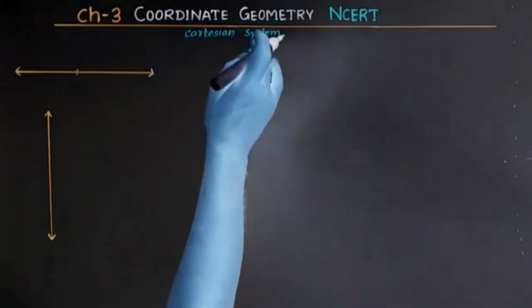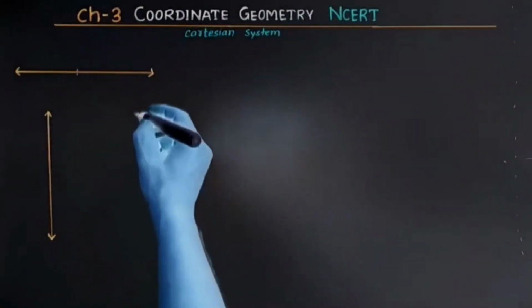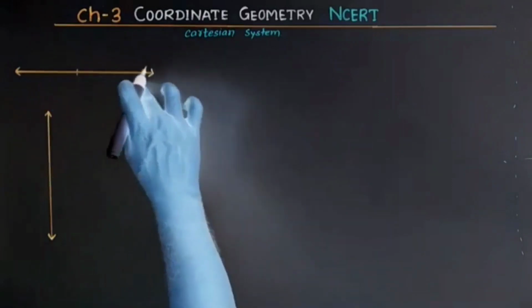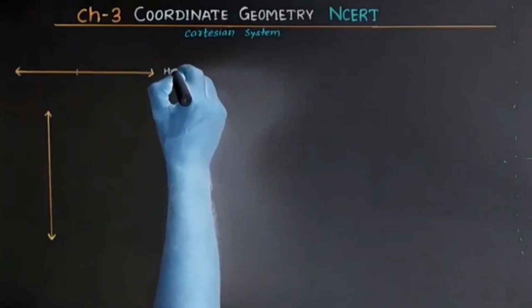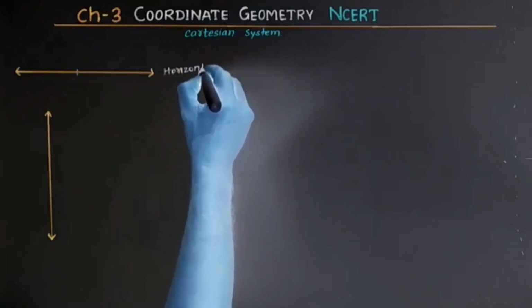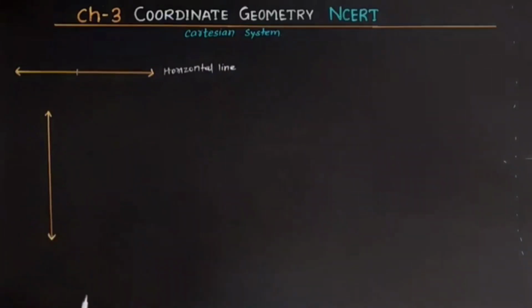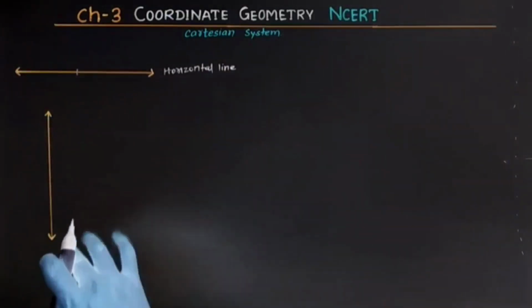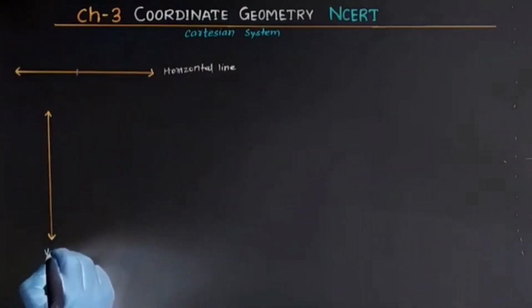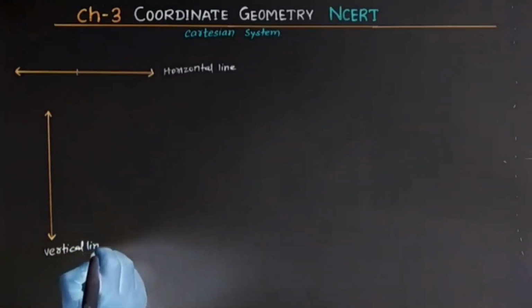We have already studied how to plot a point on a number line. We need two perpendicular lines, one horizontal line and one vertical line, to understand all the concepts of coordinate geometry.